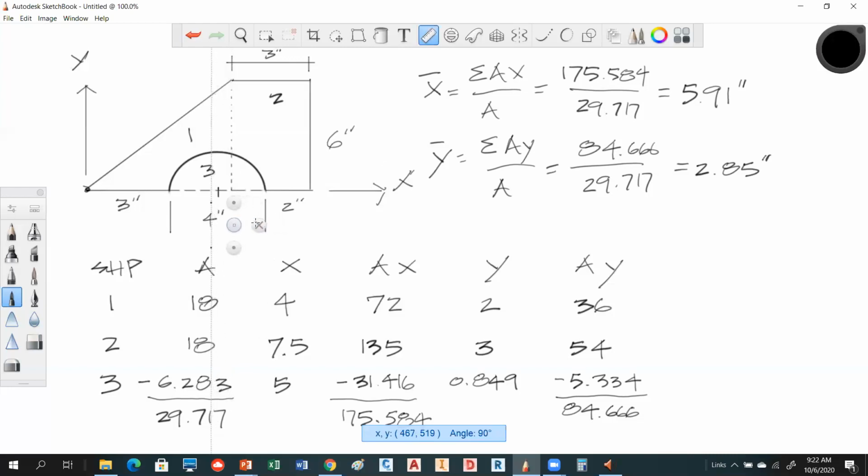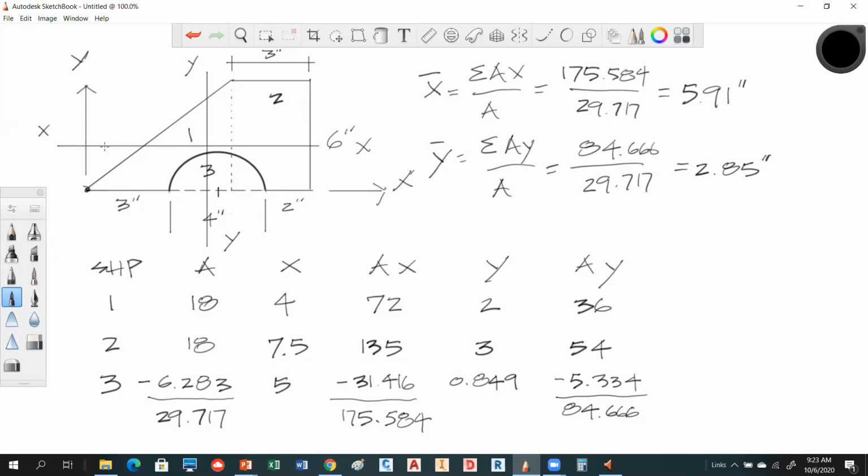So my y bar distance is somewhere over here, or x bar, I should say. And my other one's just slightly above, like this. That's your YY centroidal axis. That's your XX centroidal axis. So this is the y bar. The y bar distance here is up 2.8.